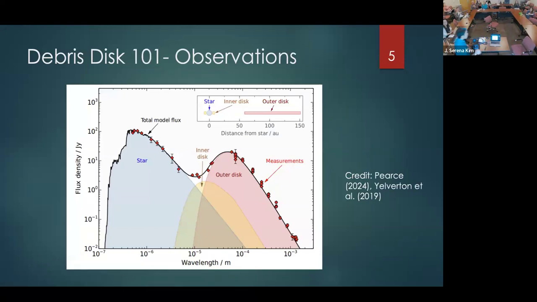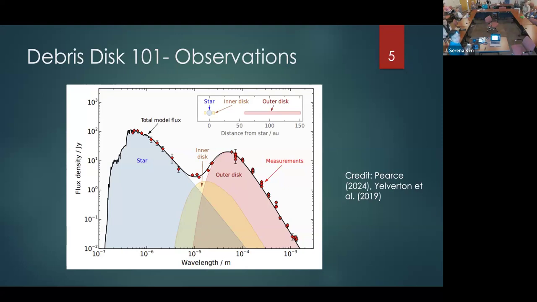But for a long time, these indirect methods of finding infrared excesses have been the primary way in which we've observed and detected debris disks. Here's another figure from Tim Pearce's really nice review showing the spectral energy distribution. This one is actually of the Beta Pictoris system. We have all these measurements from various observatories such as Spitzer and Herschel that show all of this excess infrared emission at these mid to far infrared wavelengths.